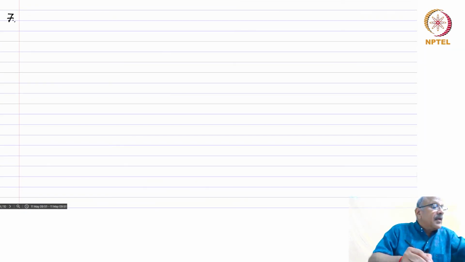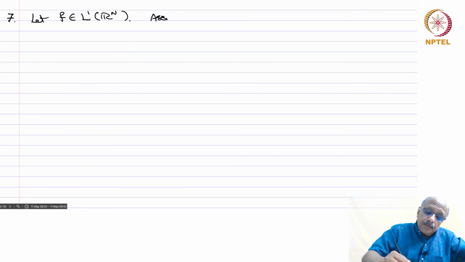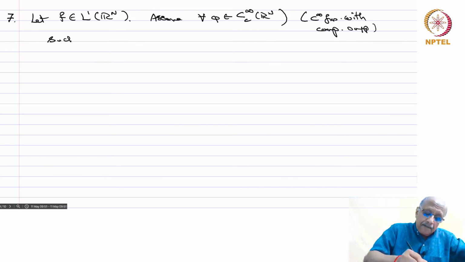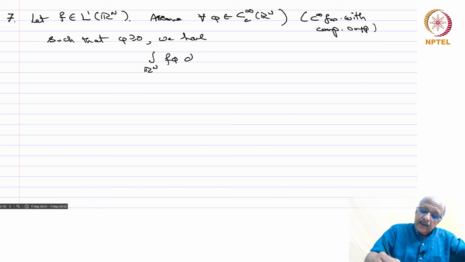Seven. Let f belong to L^1 of R^n. Assume for every φ belonging to C^∞ of R^n, C^∞ functions with compact support, such that φ is non-negative, we have the integral over R^n of fφ dm_n is greater or equal to 0.